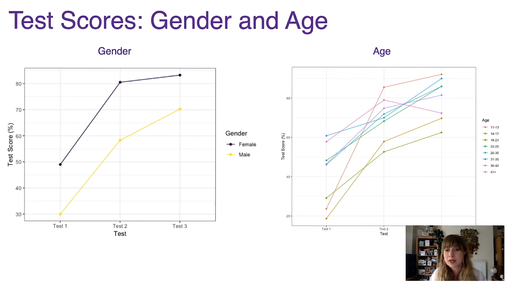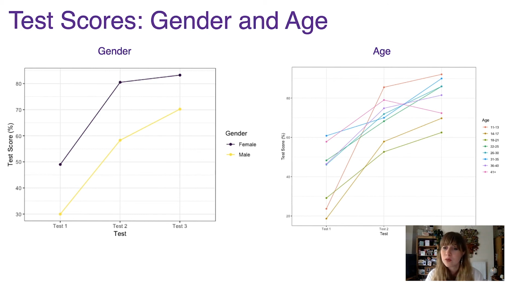We see a similar pattern occurring in the 18 to 21 category, but maybe at a more steady rate, with the average test 1 score at around 30%, the test 2 score increasing by another 20%, and then the test 3 score increasing by around 10%.